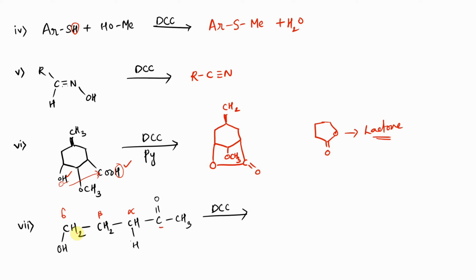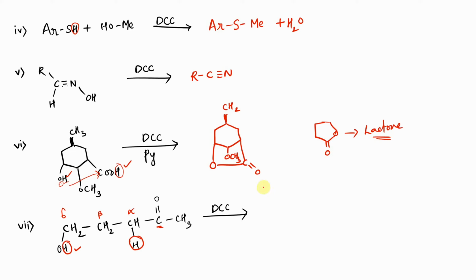Usually, when you compare acidity, the hydrogen on the alcohol group is considered to be acidic. But because of the carbonyl group, the alpha hydrogen will be more acidic when compared to this OH. So if you have two acidic hydrogens and one of them is more acidic, then the other one will behave as the basic hydrogen.